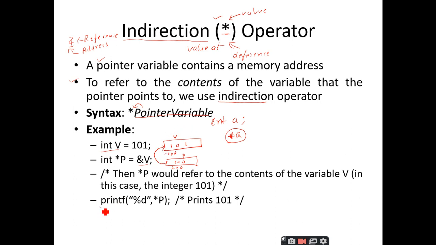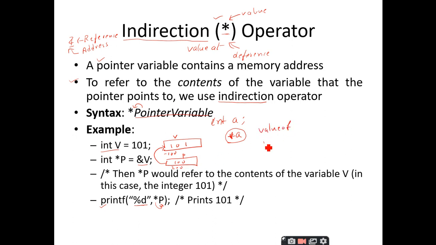In this statement you can observe printf of star p, where p is a pointer variable. Remember that you never use the indirection operator with normal variables; it should always be used with pointer variables only. So value of p means something different from value at p. You should observe these two differences.